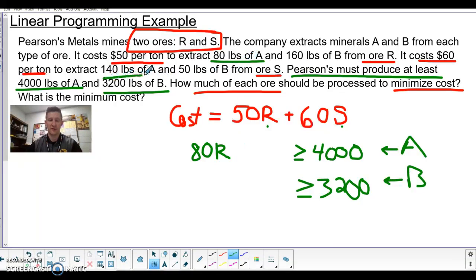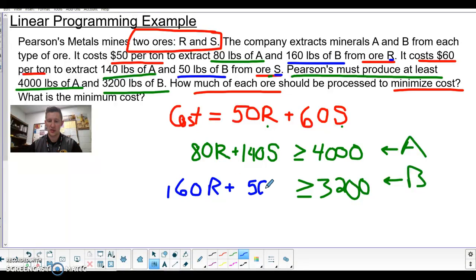Then I get 140 pounds of A from ore S, so 140S would complete the A equation. For the B equation, I get 160 pounds of B from R and 50 pounds of B from S. So in the B equation, I'm going to go with 160R plus 50S.